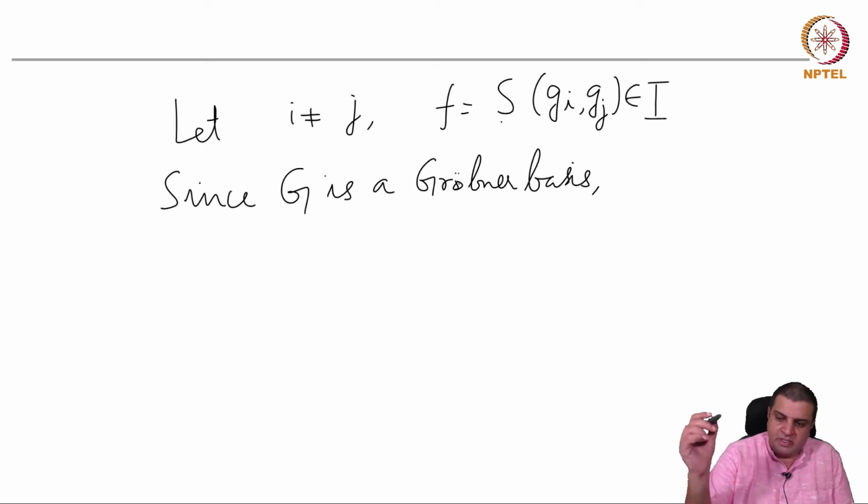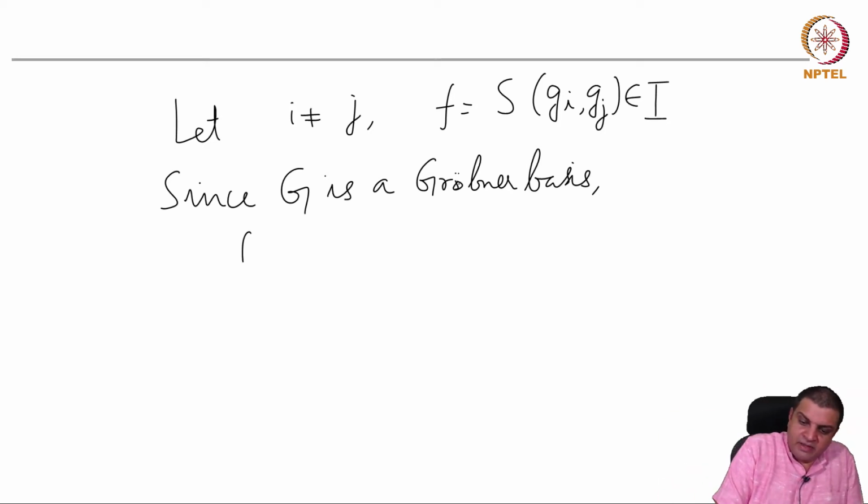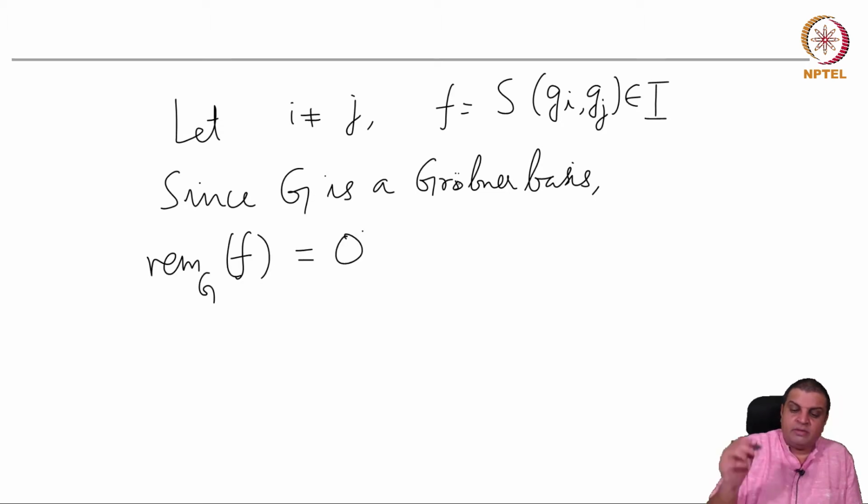The remainder is independent, and F being inside I is characterized by the remainder being 0. So this is the proof in one direction.